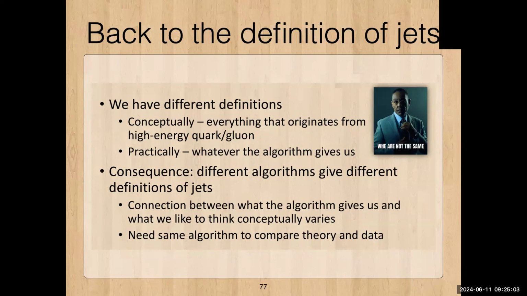The consequence is that we have different sets of jets, and the connection between what the algorithm gives us and this picture might be different. In some cases, the connection will be better, in some cases worse. So if we want to compare theory and data, it's necessary to specify what algorithm we're using. Otherwise, we don't know what we're comparing.